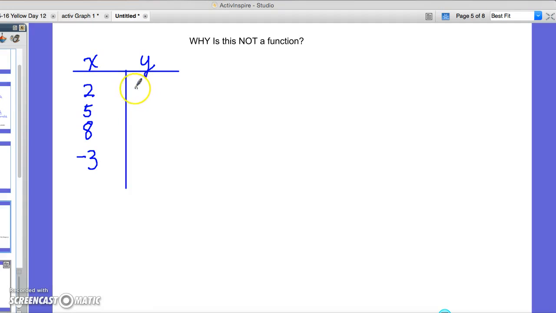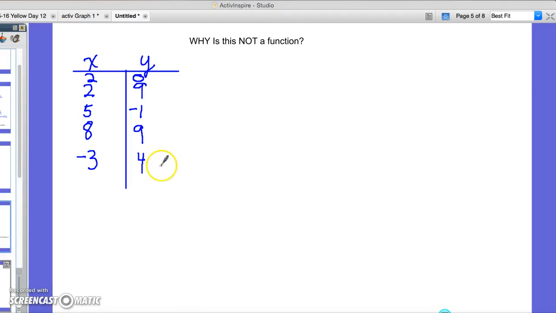I'm just picking random numbers. So maybe 9, -1. You know what? I like the number 9. I'm going to use that again. And I'm going to use 4 here. And I'm also going to use another 2. And I'll put a 0 with it.